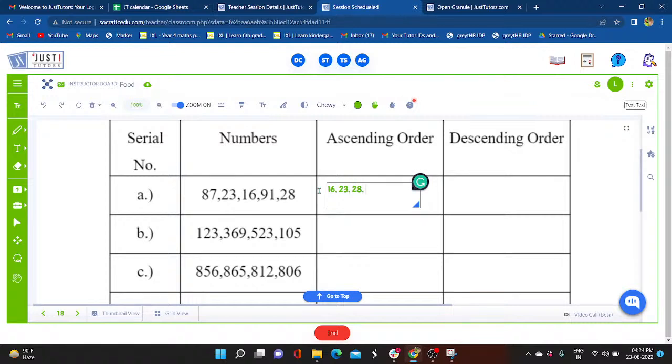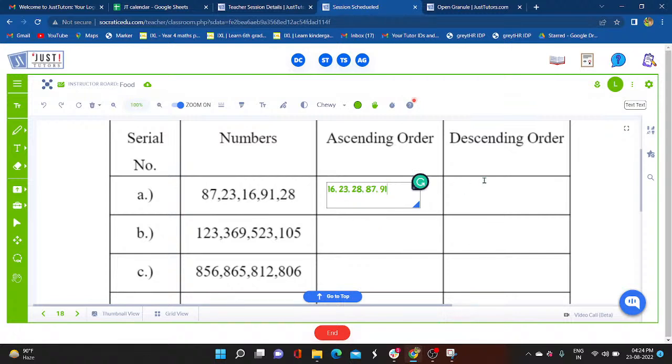After 28 we have 87, and at last we have 91. So we have these numbers arranged in ascending order.